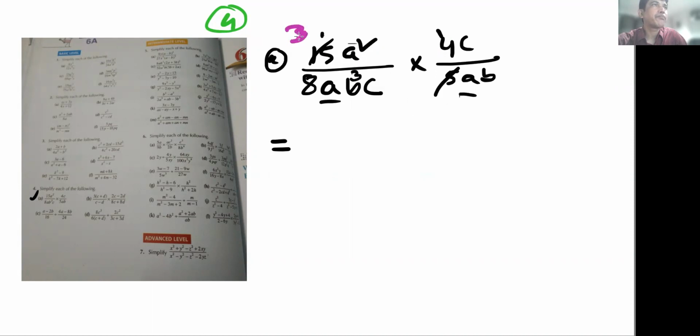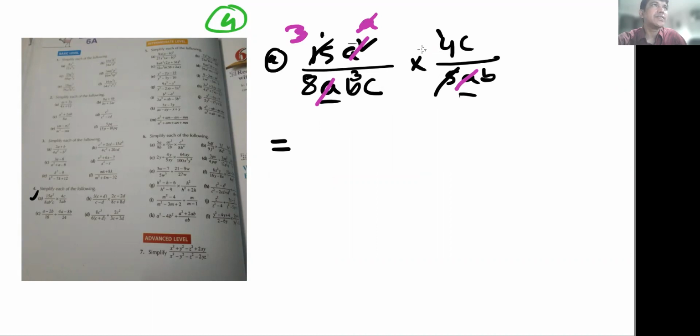Can anything divide A? A is there, A is there, so this can cross this also. You can cut from the bottom, corner by corner, everywhere for this multiplication.